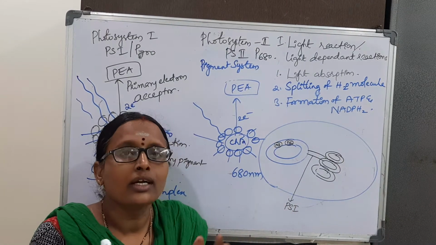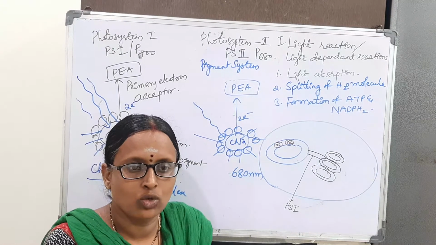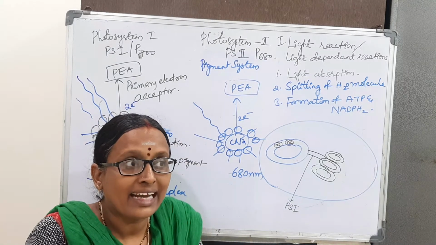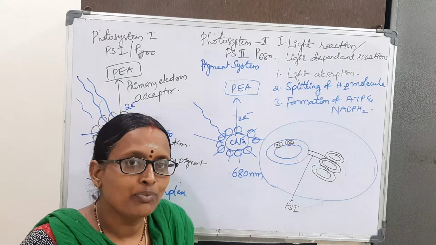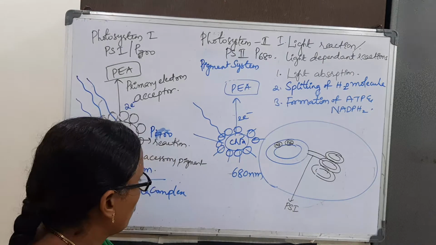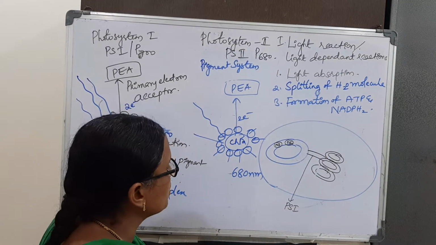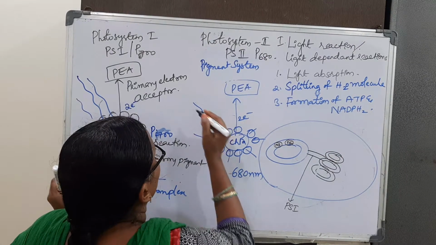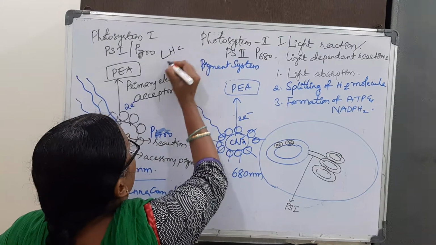Photosystems are nothing but a group of chlorophyll pigments along with other accessory pigments. They act like an antenna to capture the light. So this is also known as light harvesting systems, or LHC.